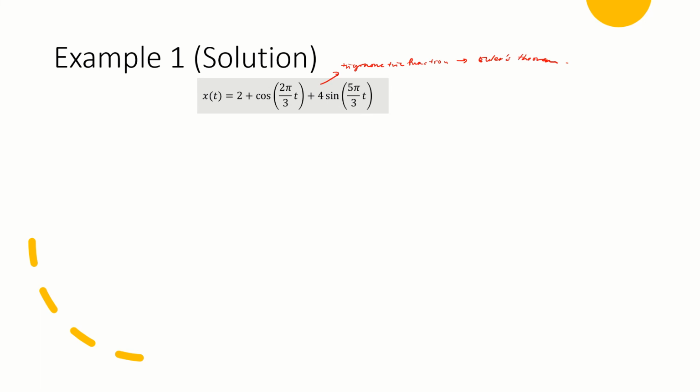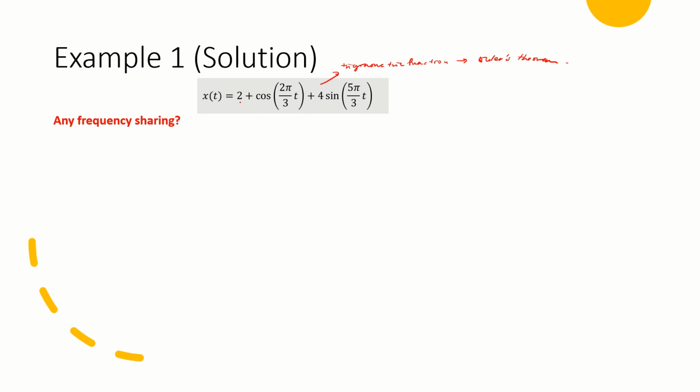To convert from the trigonometric function into an exponential function, you need to apply Euler's theorem. First, you need to identify if there is any frequency sharing inside this equation. So now let's see inside this equation.